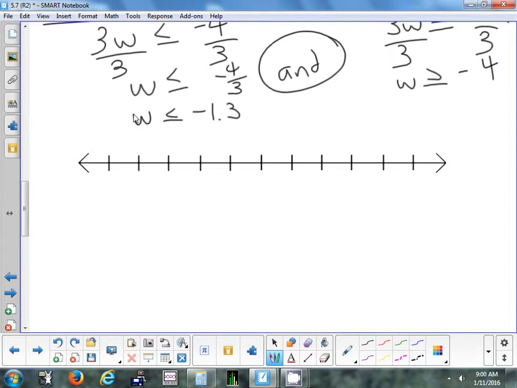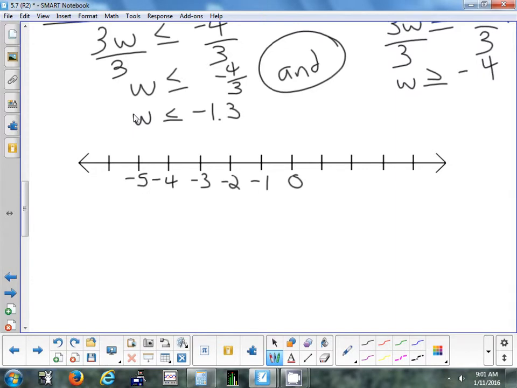All right, well, here's my two things. Now, let's do 0, negative 1, negative 2, negative 3, negative 4, negative 5. All right? So, Rose, for that negative 1.3, what am I going to put?